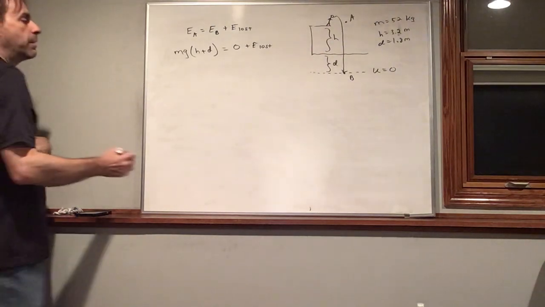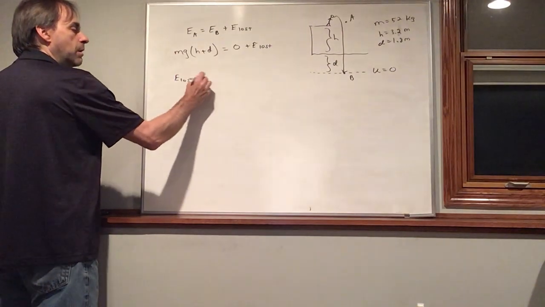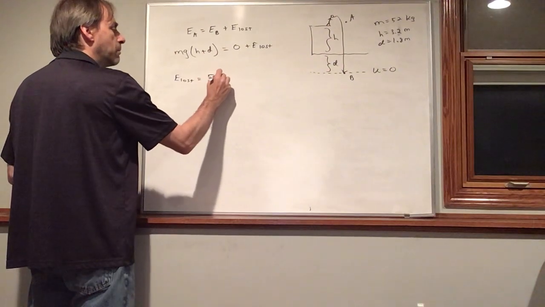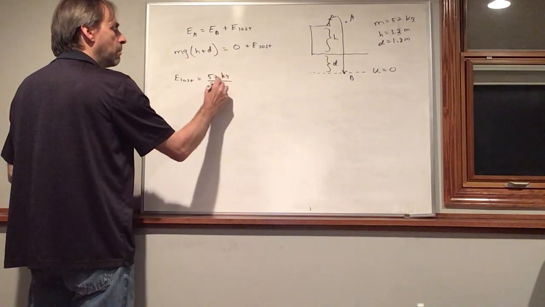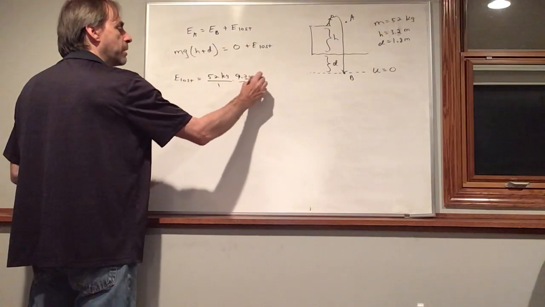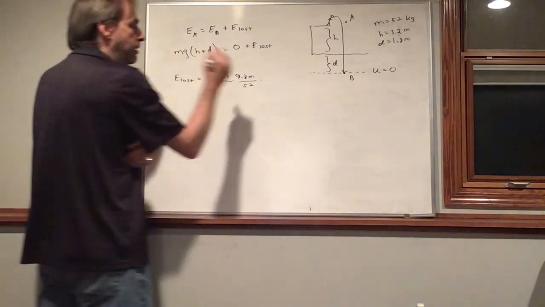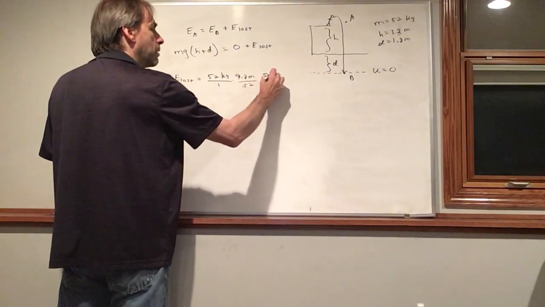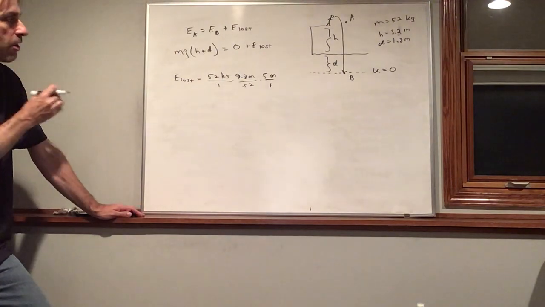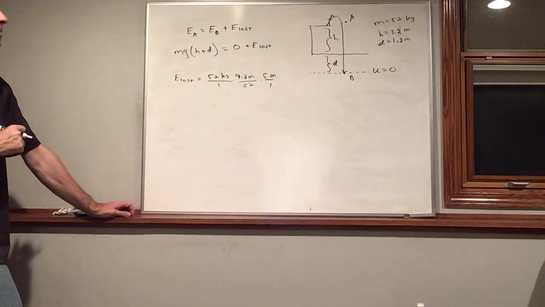Let's calculate that. The energy lost would be mg, so 52 kilograms times 9.8 meters per second squared, and then h plus d, that's just 5 meters, so that's convenient. So we can calculate how much energy the swimmer started with. That's also the amount of energy removed.